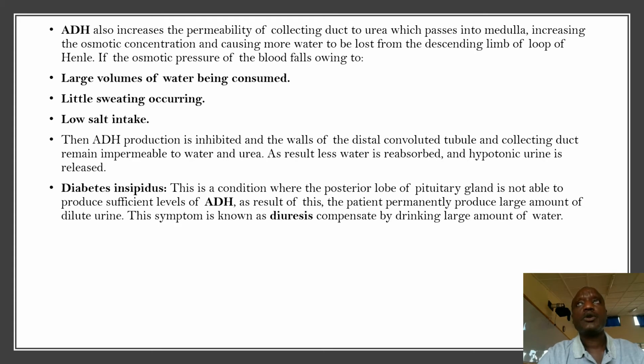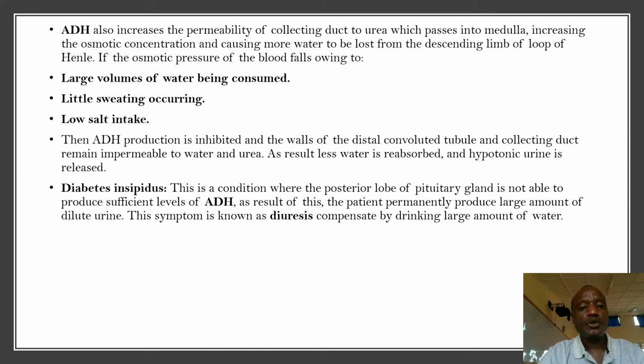Again, let us analyze what would happen if the osmotic pressure of blood falls, as a result of maybe taking a large volume of water, or experiencing little sweating, or taking nutrients which contain low salt.